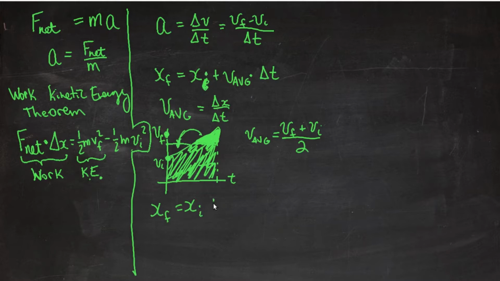Is going to be the initial x plus V average, which is V final plus V initial over 2 times delta t. And x final minus x initial, I could also call delta x. So delta x is V final plus V initial over 2 times t.